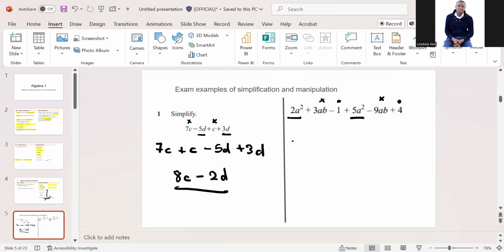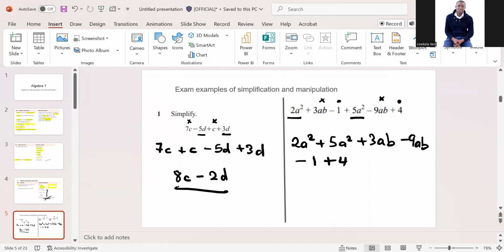Then again, drag and drop so that I have my 2a squared plus 5a squared plus 3ab minus 9ab. And I'll just write again minus 1 plus 4. I've collected my like terms. Now I can compute. So 2a squared plus 5a squared.